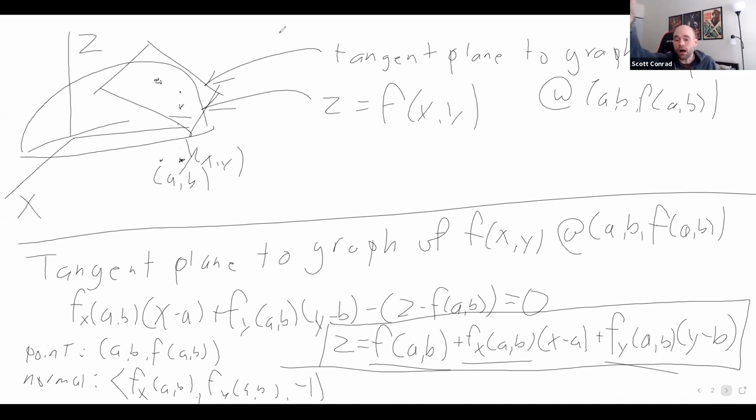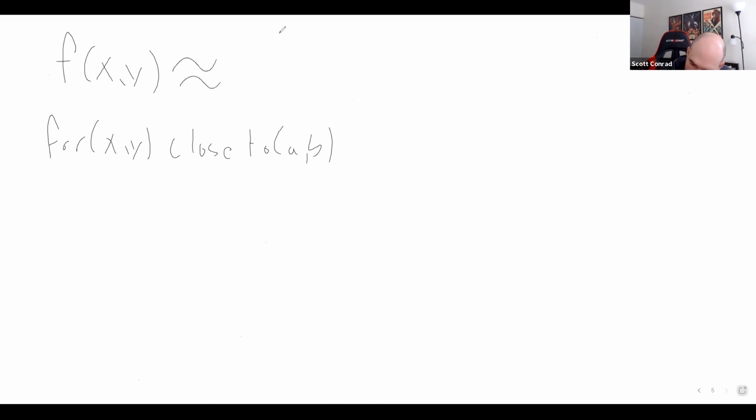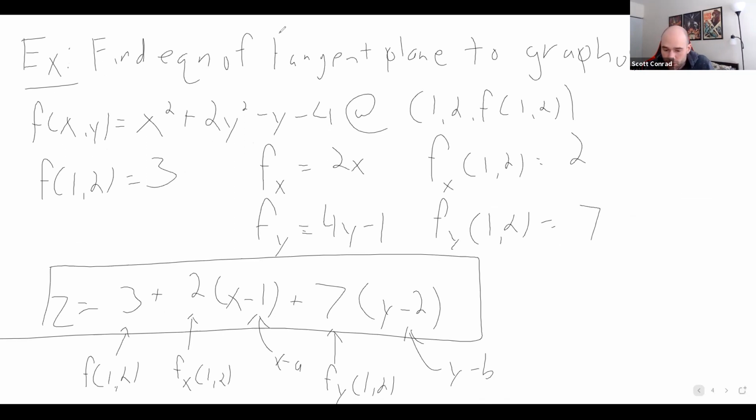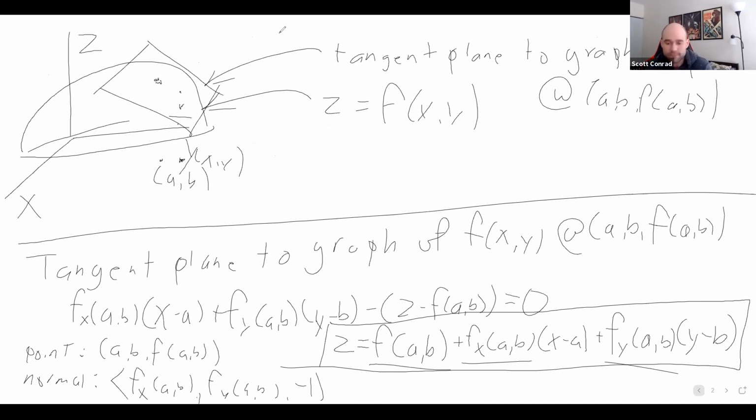So the z coordinate on the graph is going to represent the value of the function, and the z coordinates are close together. So we can say, if we're close to AB, the value of the function is going to be approximately equal to the z coordinate on the tangent plane.